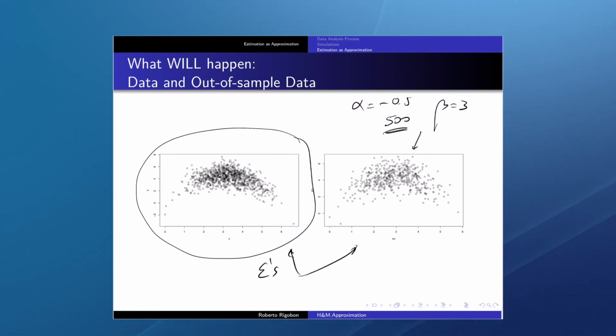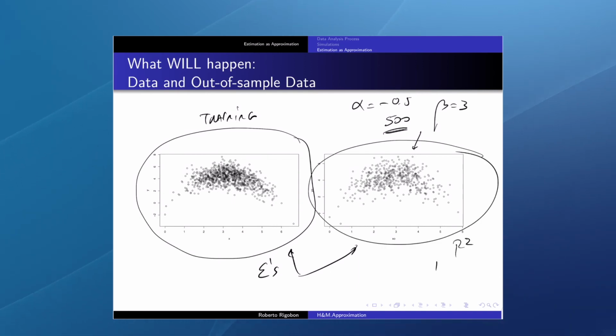They are different epsilons. Now I do the estimation on the left-hand side, which is my training data, or my in-sample, and I evaluate the R-square, for example, on my testing data, or what is called the out-of-sample. Okay? So let's see how this performs.